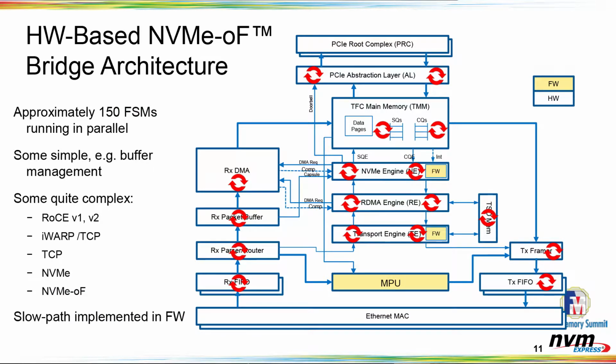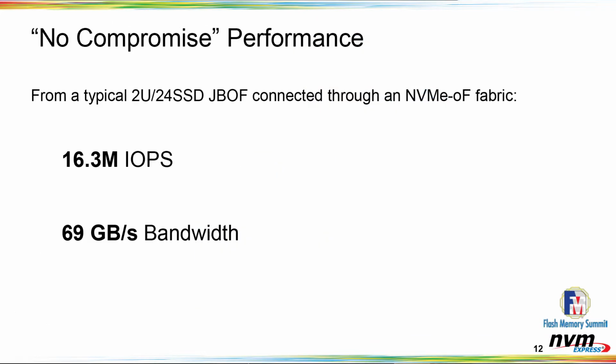Let me skip through some of these in the interest of time. What we're able to show at the show today in our booth, if you want to stop by, is from a 2U 24-drive JBOF. We're able to pull 16.3 million IOPS out of that and almost 70 gigabytes per second of bandwidth.